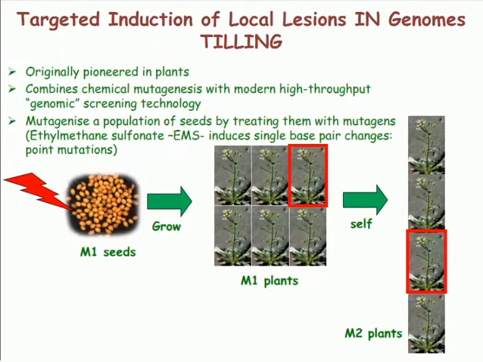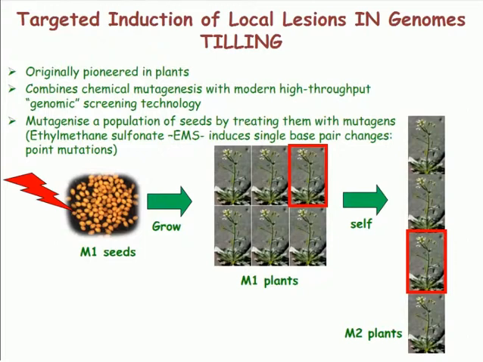Normally, in the lines that have been analyzed until now, the average is 1.5 mutations per treated seed. Some of them will not have any mutations, some will have 2 mutations, and some will have 1. So it's a very good number to start working with.